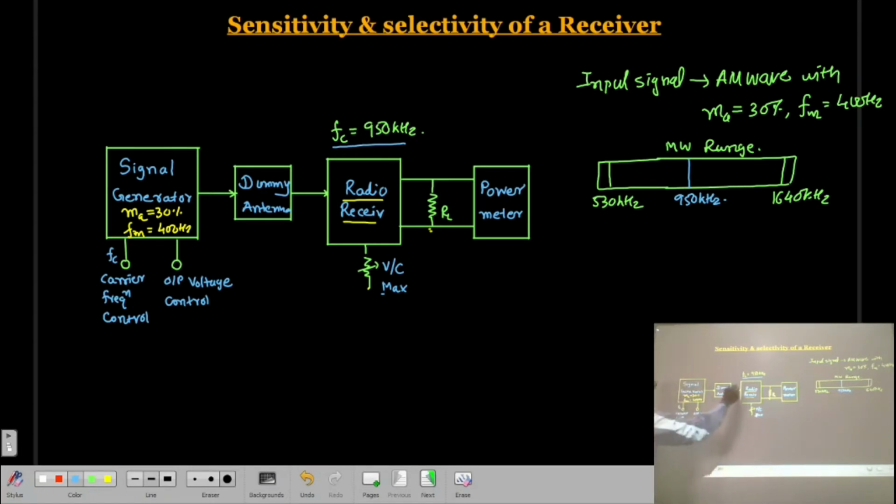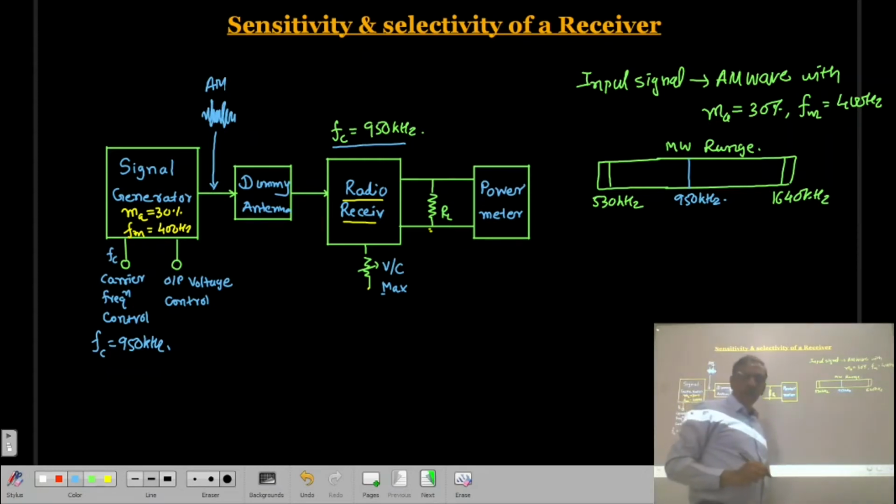Now when you are tuning the radio for 950 kilohertz, in the signal generator also keep the carrier frequency Fc equal to 950 kilohertz. So here it will generate an amplitude modulated wave of 950 kilohertz with the modulating frequency of 400 hertz.